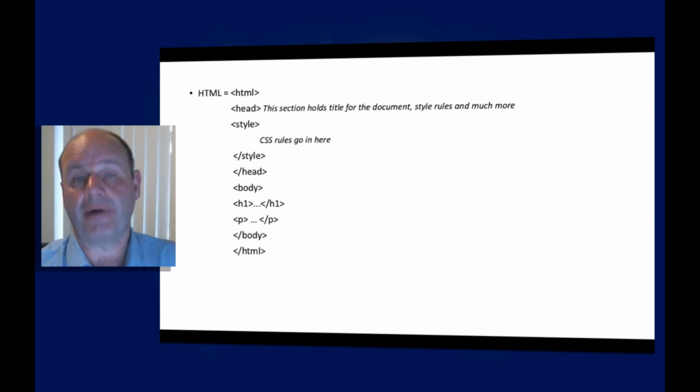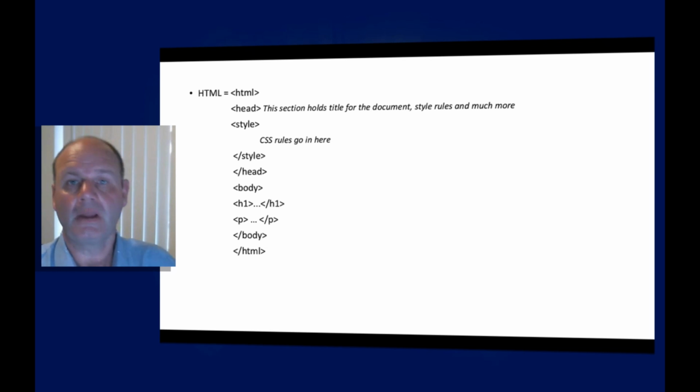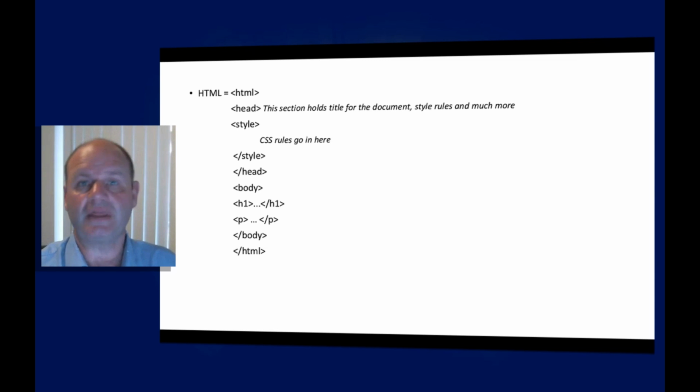When we open up the browser, we do not see any of the contents of the header. They are hidden. So what we do see within a web page are the contents found within the body tags.